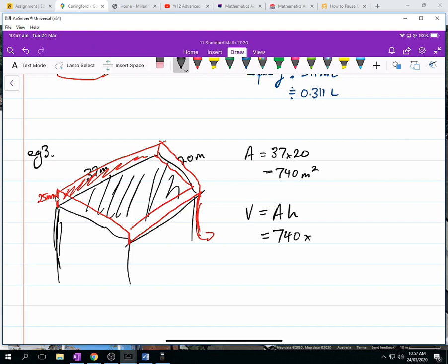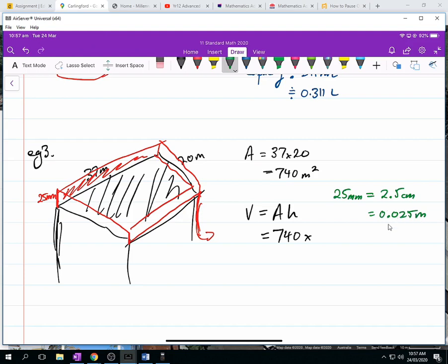Okay, so we just have to realize that 25 millimeters, which is the same as 2.5 centimeters, which we then divide by 100, is the same as 0.025 meters.